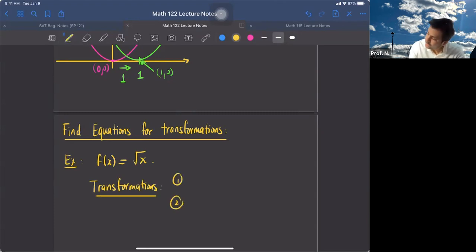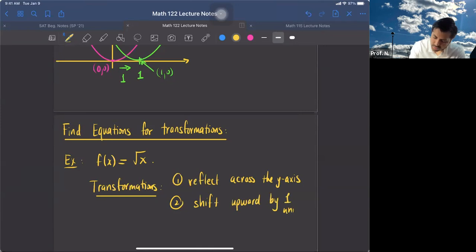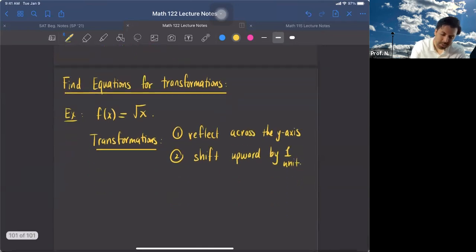My order is, hey, I want the square root of x where you reflect it across the y-axis. And then after that, I want you to shift it upward by 1 unit. And then you'd be like, yes, sir, I'll be right there.